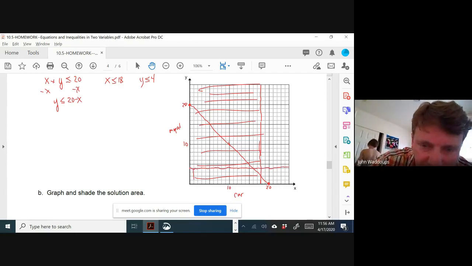And so it has to be below that line for the moped, because she can't put any more in than that.